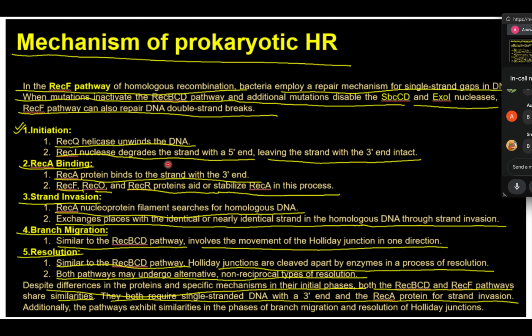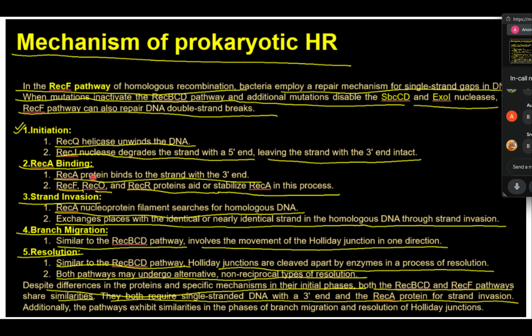Then the RecJ nuclease degrades the strand with the 5' end, leaving the strand with the 3' end intact. Once the damage has been done, the gap actually needs to be extended a bit. So even if there is a one nucleotide gap, you extend it so that the template, which will come from the other chromosome, can invade and be used to repair. So you degrade part of the damaged single strand.